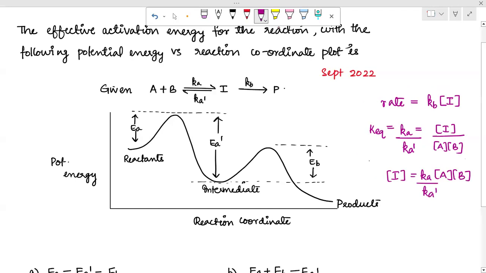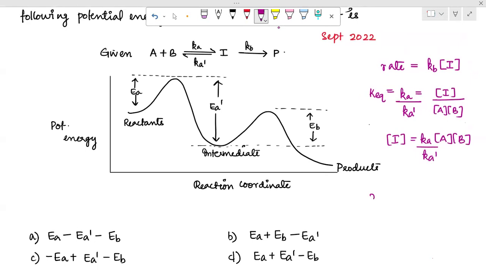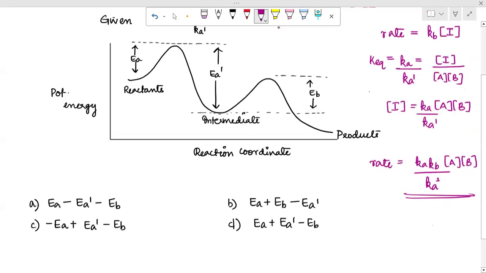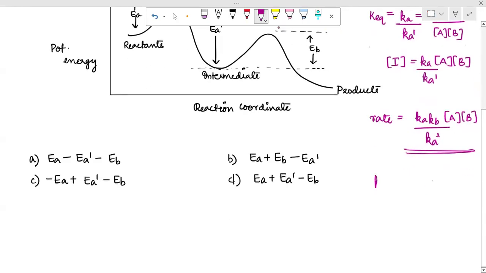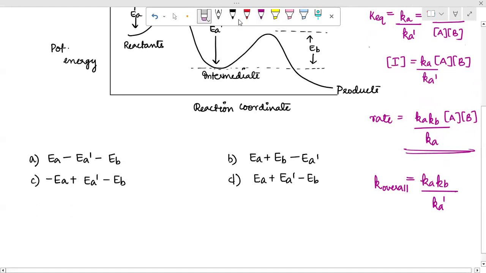So if I put that expression of I over there, my rate is going to be equal to Ka, Kb divided by K prime into concentration of A into concentration of B. So now you have got the overall rate expression. Now from this, you can write the overall expression for the rate constant, which is equal to Ka, Kb divided by K prime. It's not K1, it's K prime.